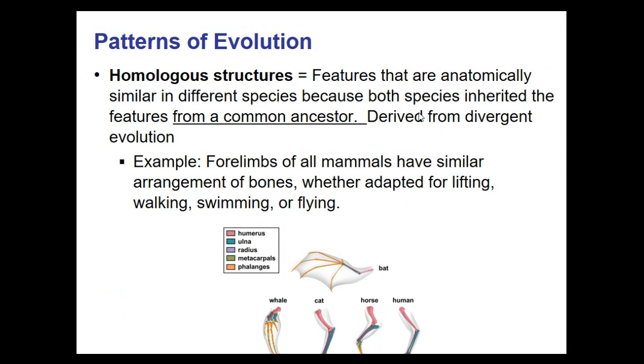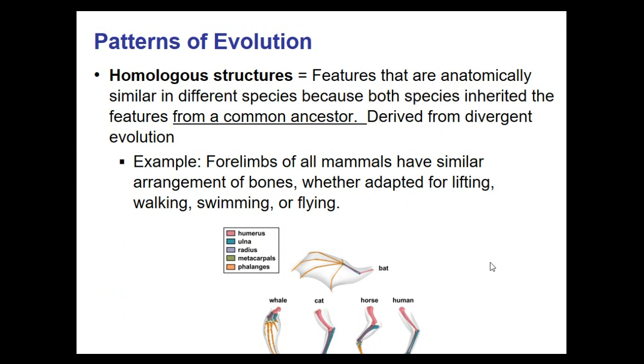And these features can look different, but they have some similarities because two species inherited them from the same common ancestor that had that characteristic or a similar one. And the example of a homologous structure is the forelimbs, or the front limbs, of mammals.